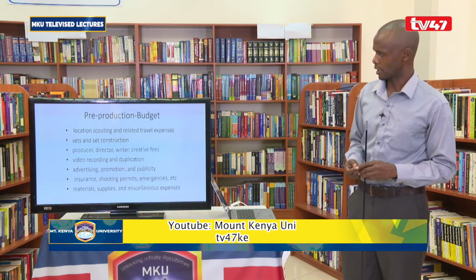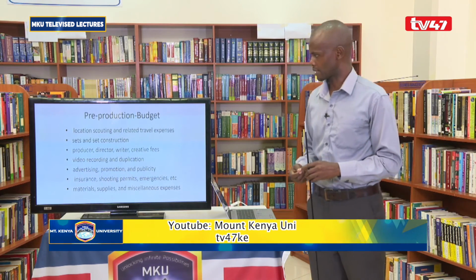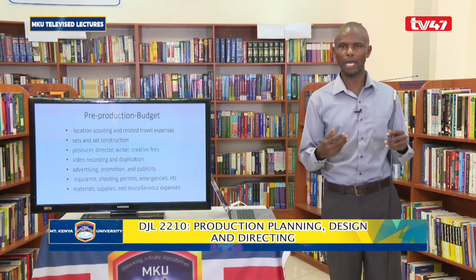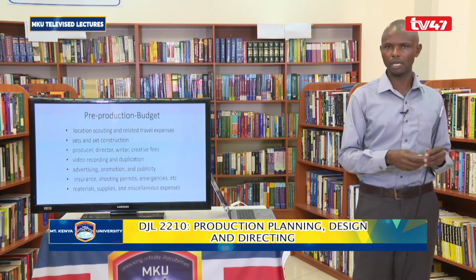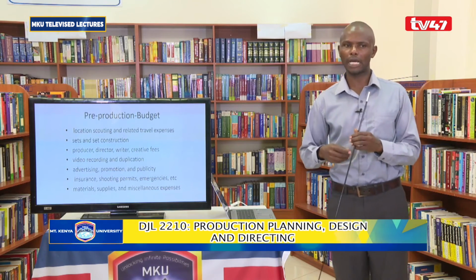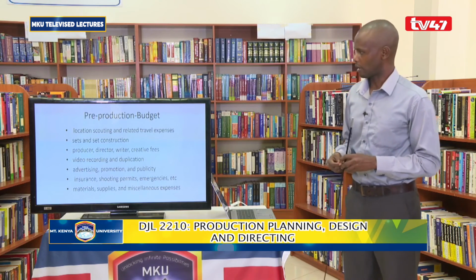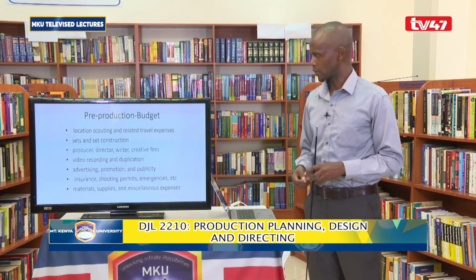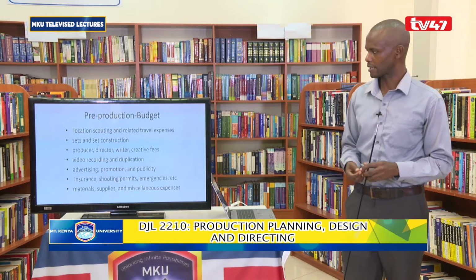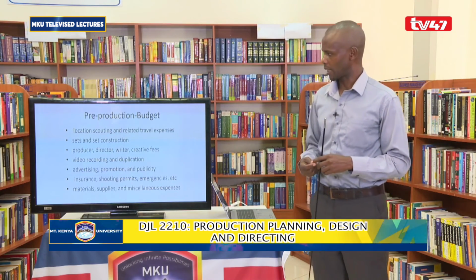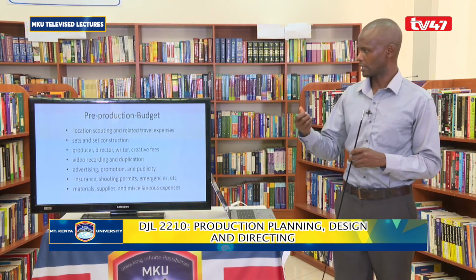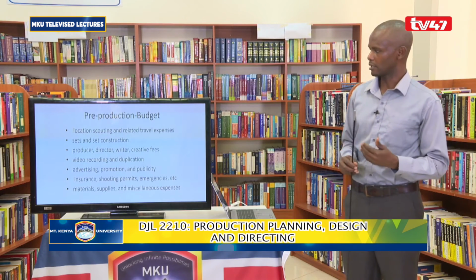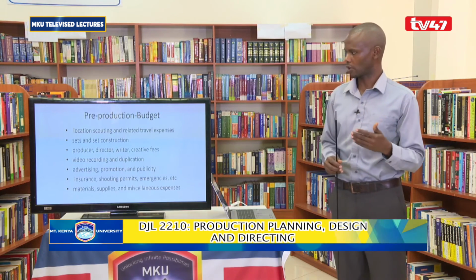Next is the location scouting and related travel expenses. We had said that you'll have to ask yourself where you are going to do your production from. If you are going to do the production outside, it means first you'll have to scout for these locations. The producer is the one in charge of doing that, but he has to send his assistant outside to locate different suitable shooting locations.